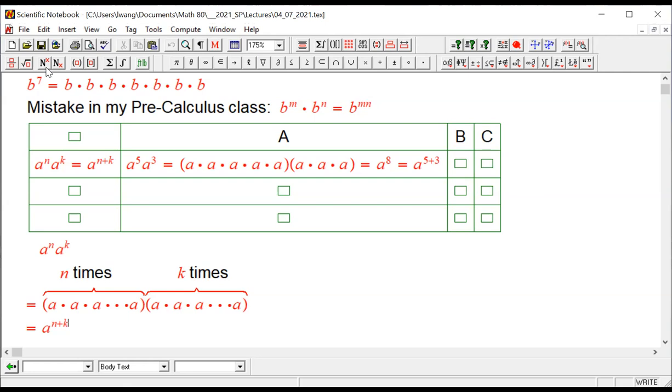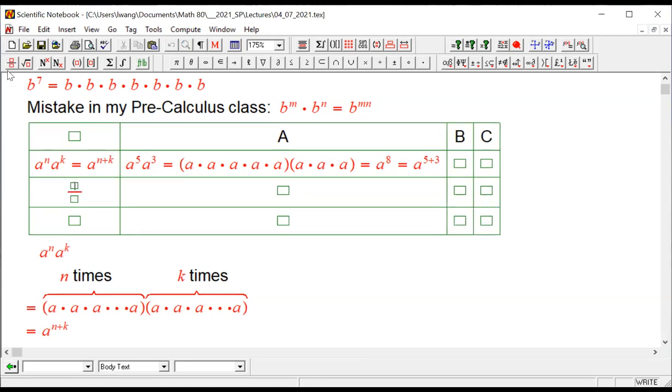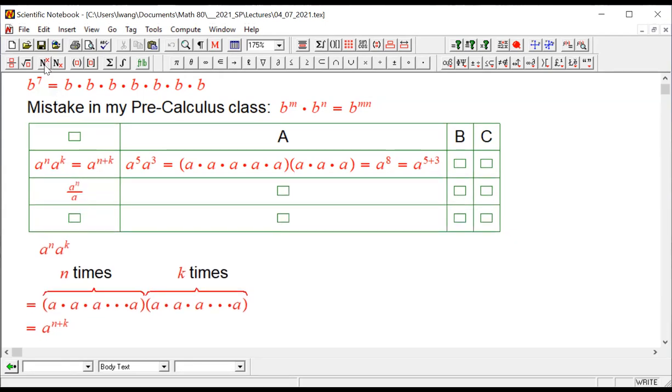Okay, so that's column A. We're not doing column B or C yet. So let's first figure out the basic formula. Now, a to the power of n divided by a to the power of k.